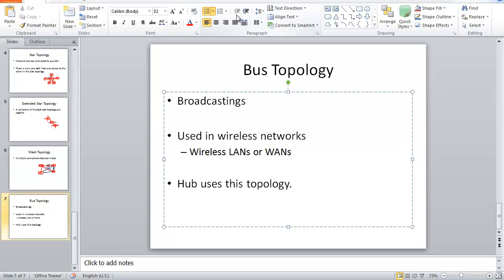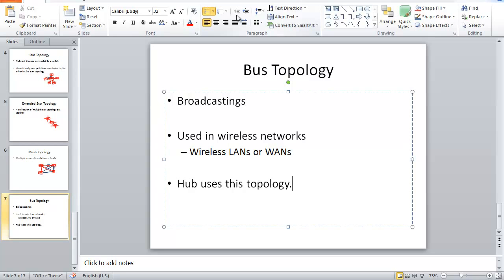Switches kind of replaced the hubs. We no longer use hubs, but still in the wireless LAN or WANs, this bus topology is being used today. There is this little danger in wireless networks: your traffic might be picked up by somebody else.